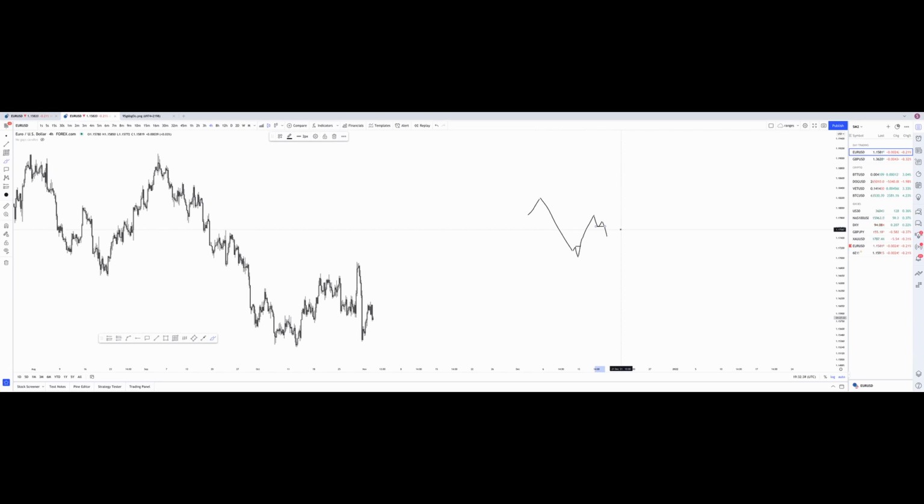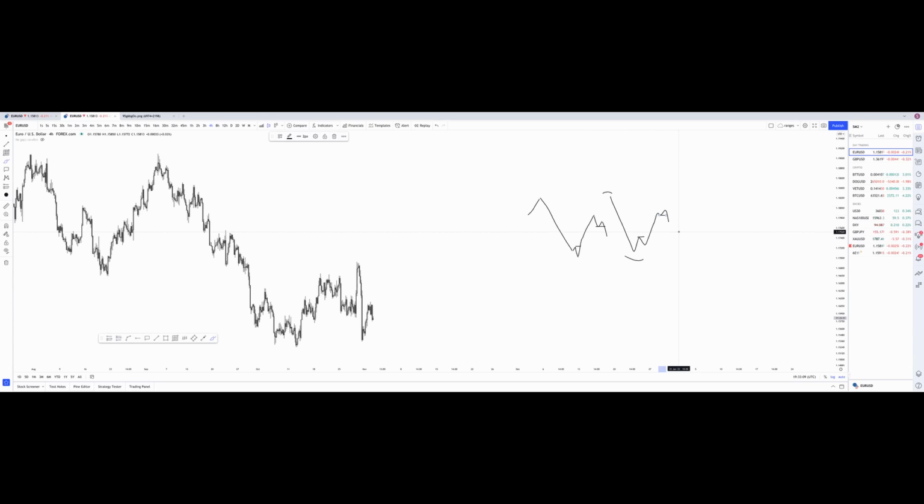Substructure is contained within the previous leg of price. Minor structure is something in a leg of price that is to the left. This would be minor structure because it's still contained within this leg. So this would be substructure, this would be minor structure.